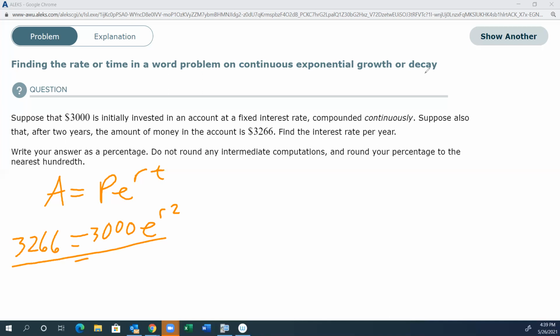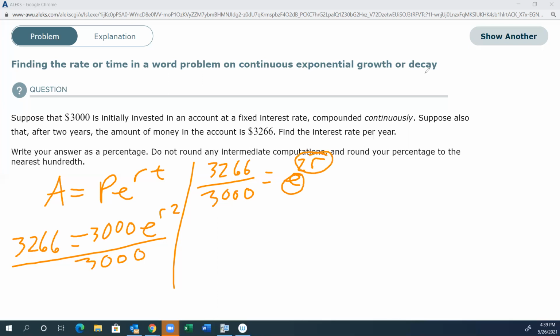Okay. So we've got to divide both sides by 3,000, and we're not going to do any intermediate computations because that will lead to round-off error. So 3,266 over 3,000. That's an e, by the way, just in case you couldn't tell. All right, now it's just the base of the exponent, and the other side of the equation. So I can convert to log form.